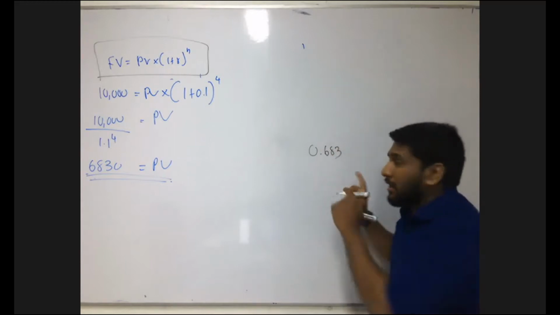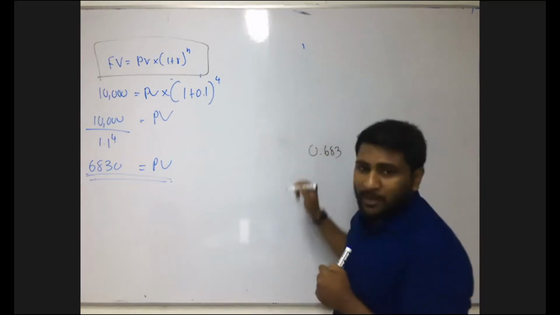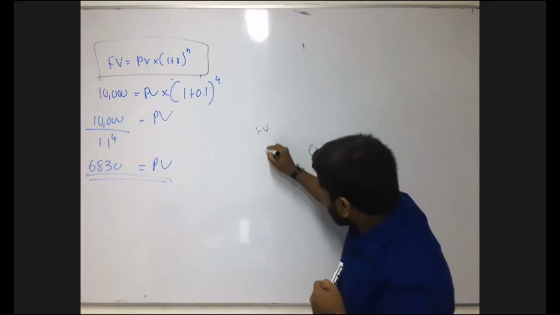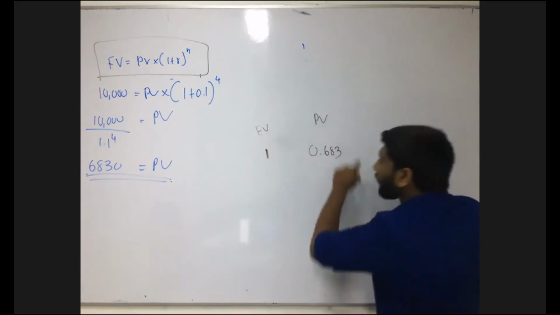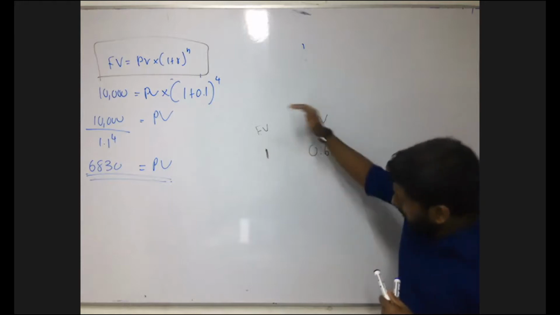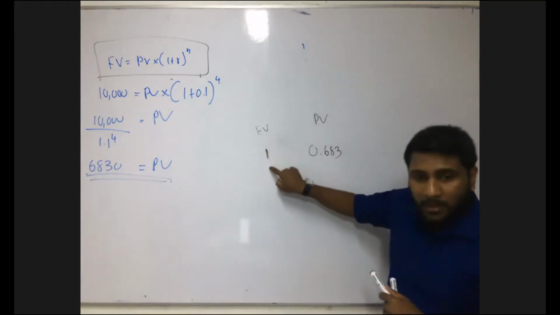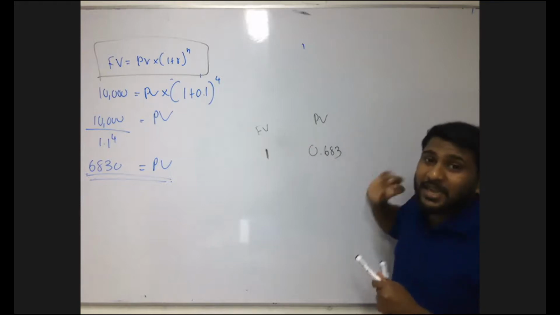Then what is the meaning of this 0.683? In future, if you are getting $1, today's value of that $1 is 0.683.